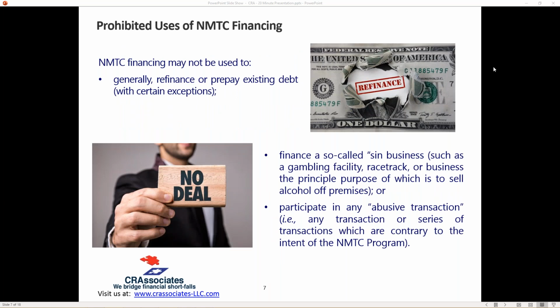However, new market tax credit financing may not be used generally to refinance or prepay existing debt, but there are exceptions.